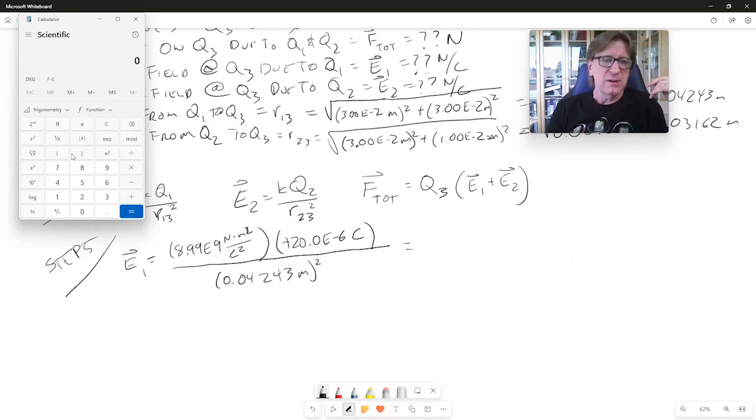Okay, so we're going to clear this out, and we get 8.99 e to the 9 times 20.0 e to the negative 6 divided by 0.04243 squared equals. And that is a crazy, crazy big number, but it's actually pretty good.